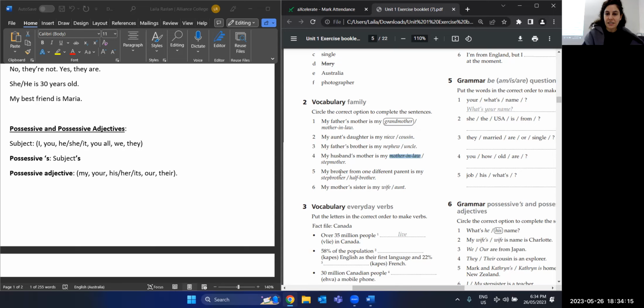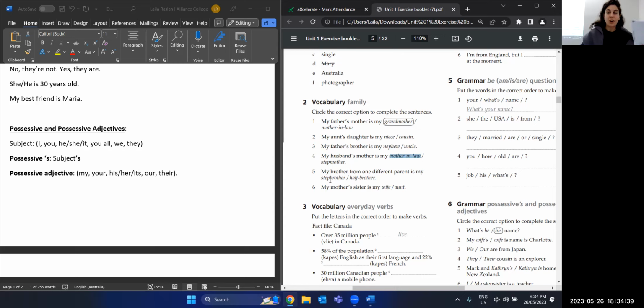My brother from one different parent is my half, because they still share half. Imagine like half the blood. So that's the easy way to remember, because they share the same mum. It's like half blood from the mum, and then they have a different dad.